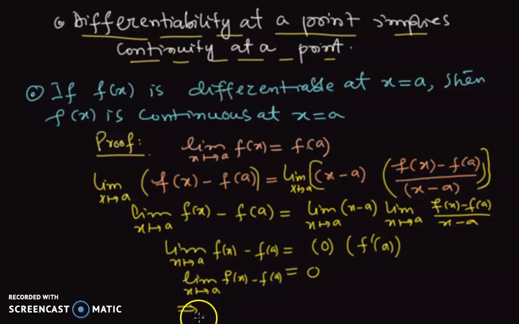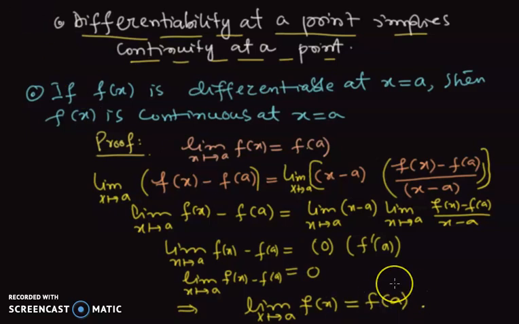You can easily write from here that the limit of the function when x goes to a of f of x is equal to f of a, and this is sufficient to say that differentiability of a function at point a implies continuity at that point.